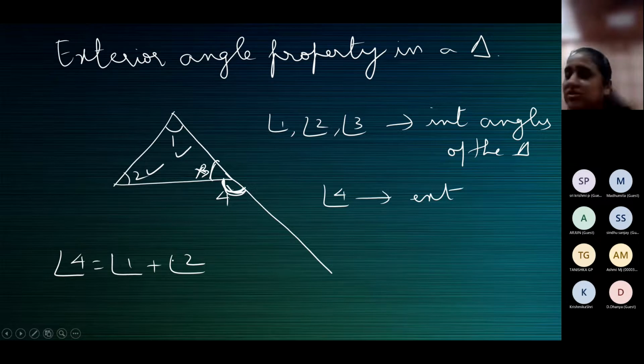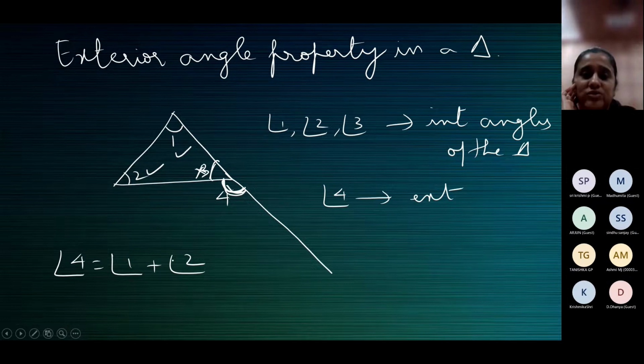When is an exterior angle formed? When one side of the triangle is produced. A triangle has only three interior angles. When the sides are produced, exterior angles are formed.